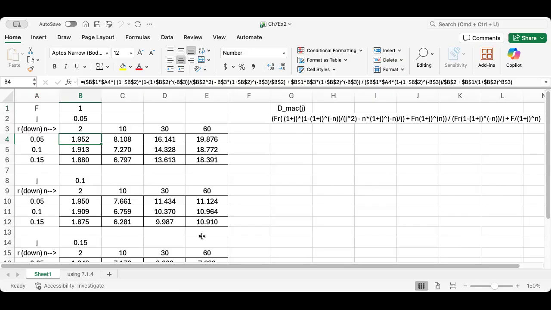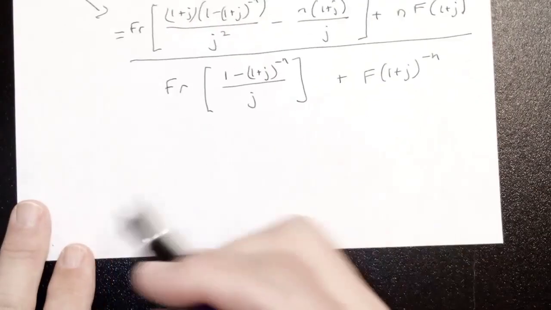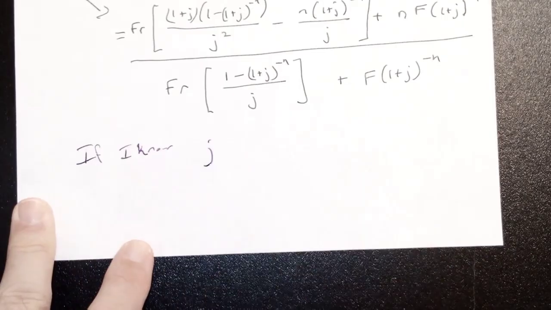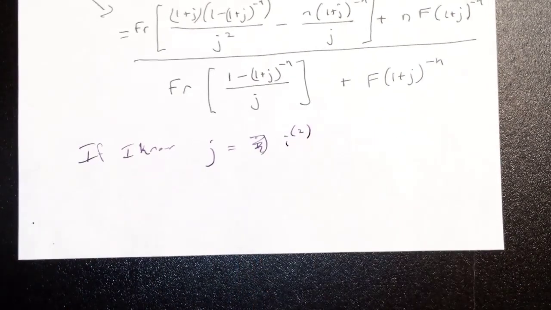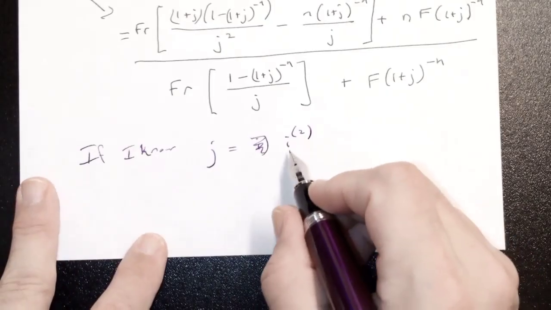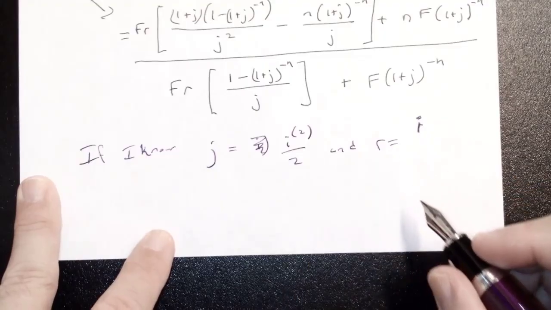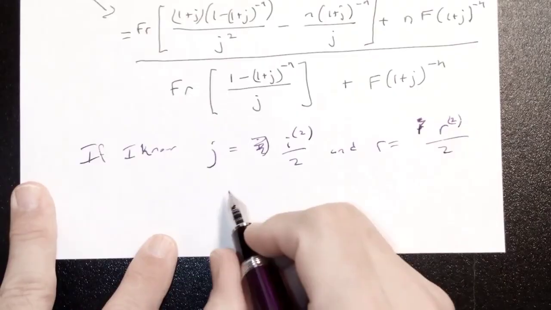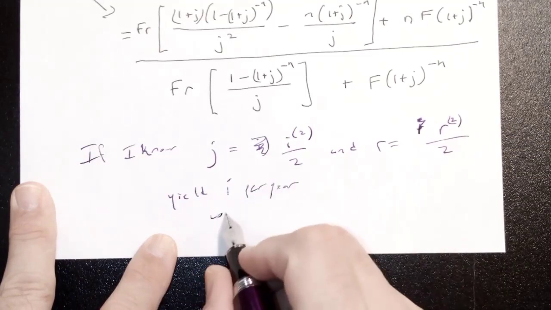However, if I know my yield is semi-annual, and I know my coupon rate is semi-annual, so the yield is i per year compounded semi-annually.